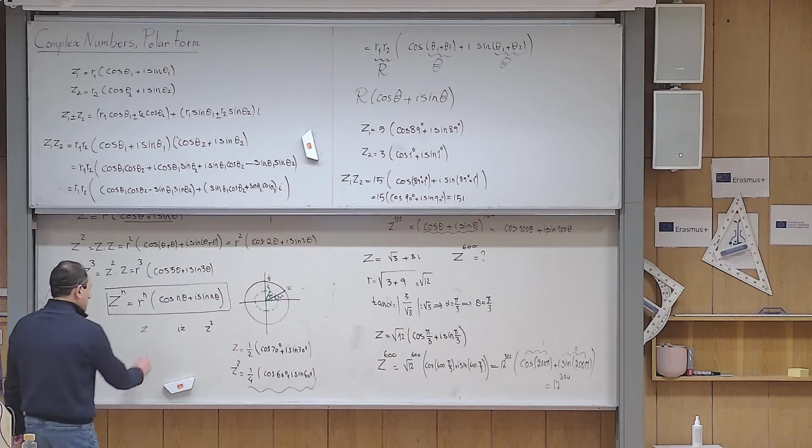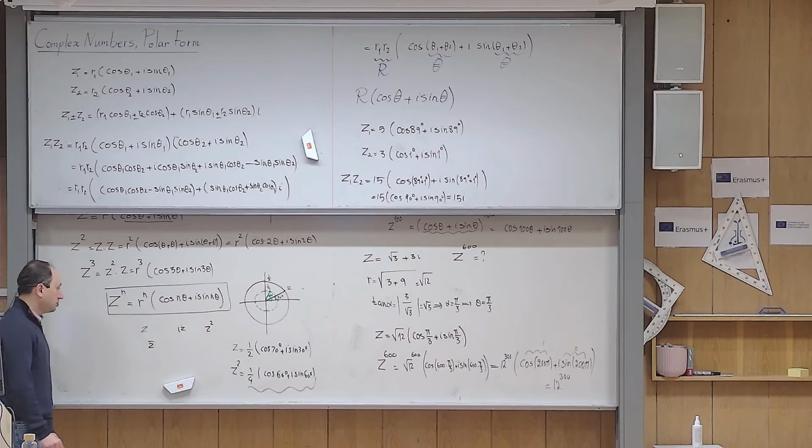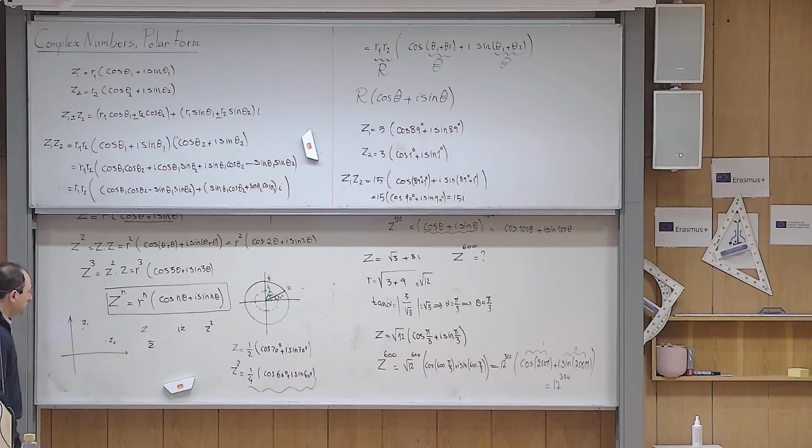Okay, I could ask you, where is z bar? You can answer this. By the way, if I give you two complex numbers, where is z1 plus z2? Okay, for example, let me give you two complex numbers here and here. So if I ask you geometrically, show me where z1 plus z2 is, here it is better to interpret it as vectors.